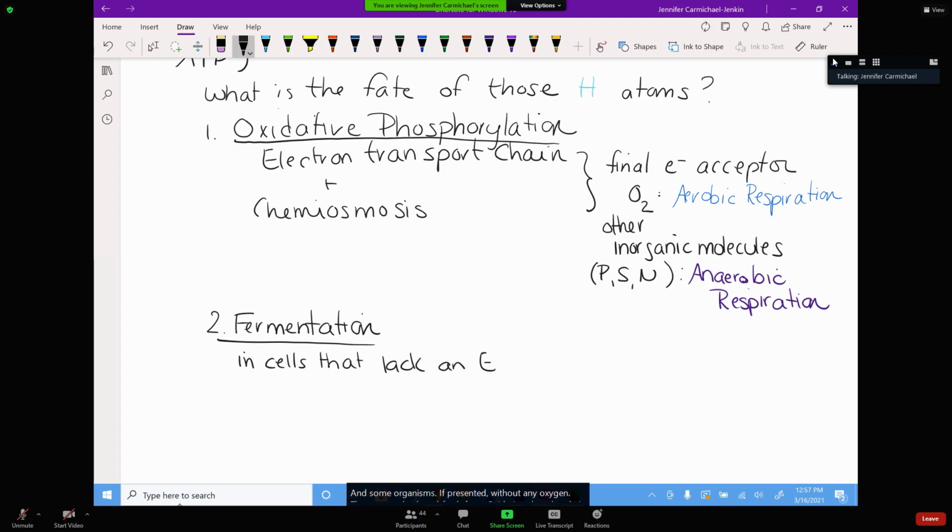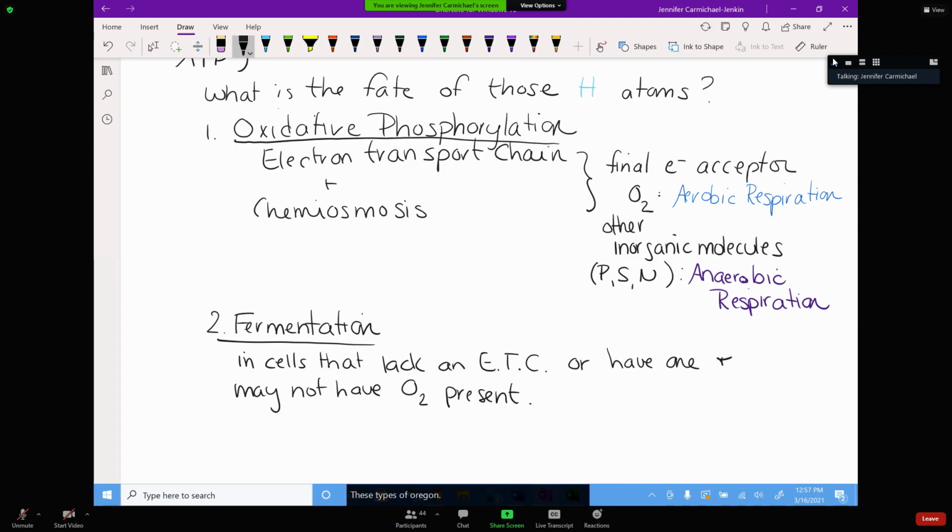I'm going to abbreviate electron transport chain here. So if the cell does not have an electron transport chain, or maybe it does but there's no oxygen present, these types of organisms would use fermentation instead of oxidative phosphorylation.